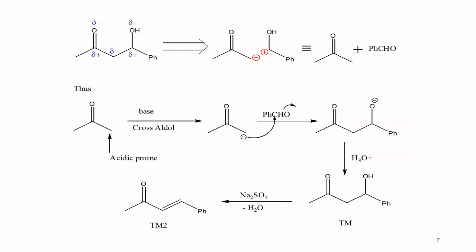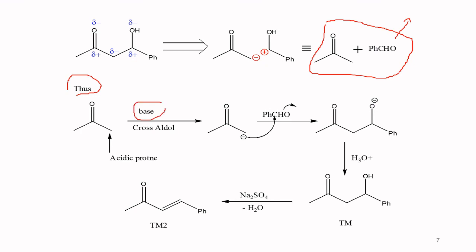Okay, so how are we going to do this reaction? Because you already know this is the synthetic equivalent, you know that the reaction of a ketone and an aldehyde is usually what we call an aldol condensation. So the forward synthesis of this reaction is: when you have an acidic proton here, you have a base.